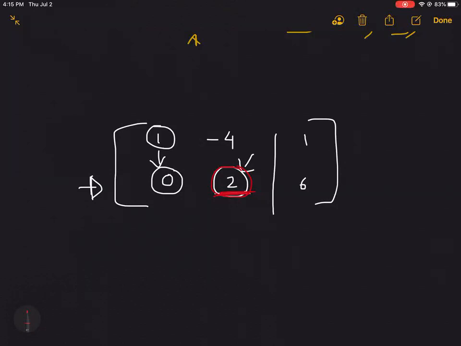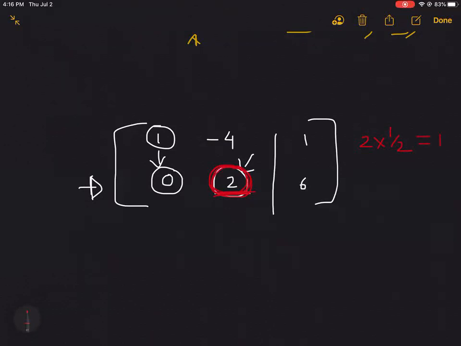Can you see what I'm doing? So clearly, if I want to make this 1, I want to multiply the second row by a half, because I can clearly see if I multiply this by a half, this will give me 1. Can you see what I'm doing here? That's pretty simple.